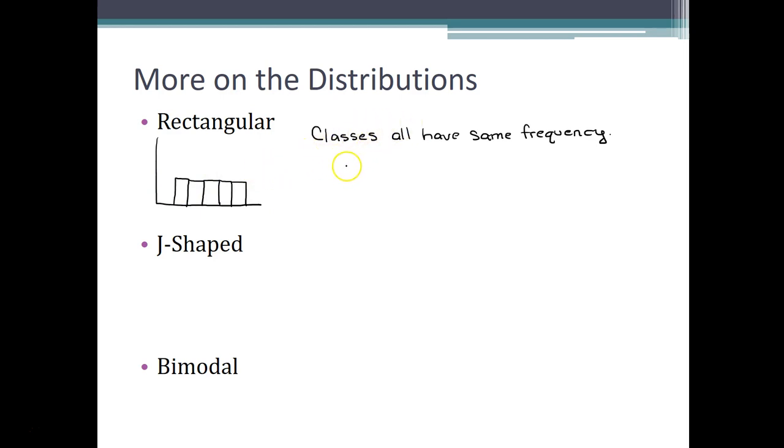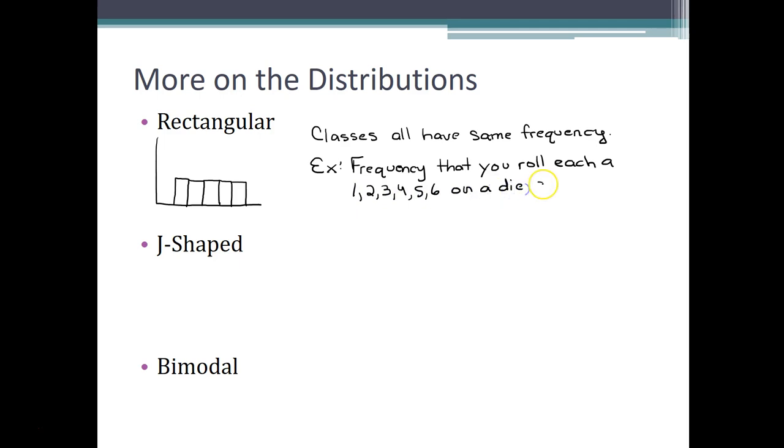This might happen, for example, if you are looking at the frequency that you roll each of 1, 2, 3, 4, 5, 6 on a die after lots of rolls.